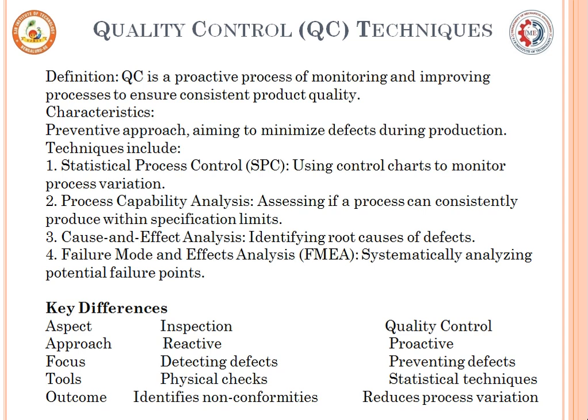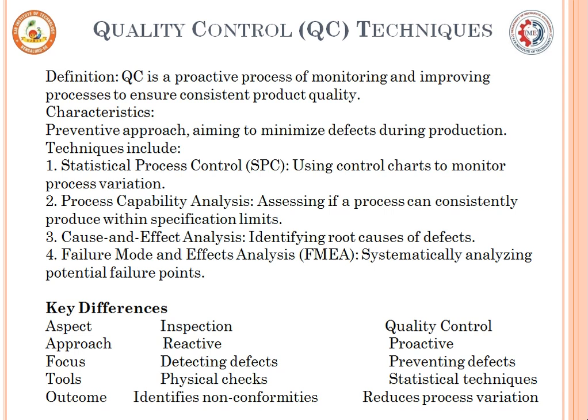When we want to go with different preventive approaches using SPC, we use control charts to monitor the process variation. The process must fall within the control charts, otherwise those components are rejected. Process capability analysis defines whether the process is consistently within the specification limit. Cause and effect analysis identifies root causes of defects.